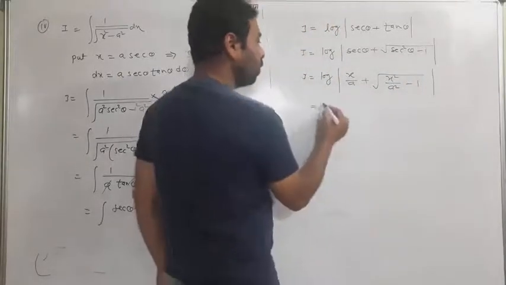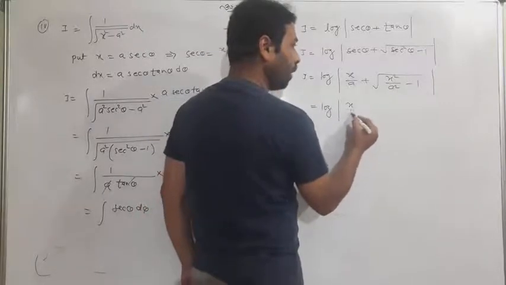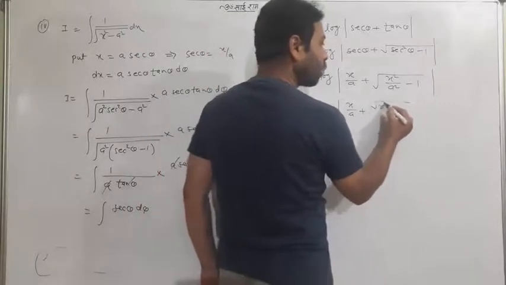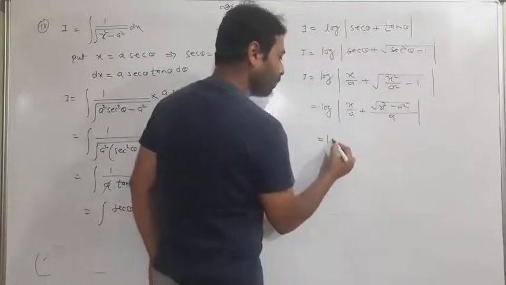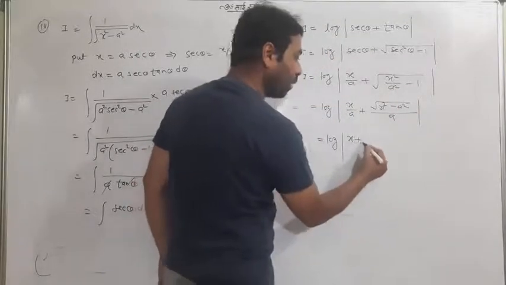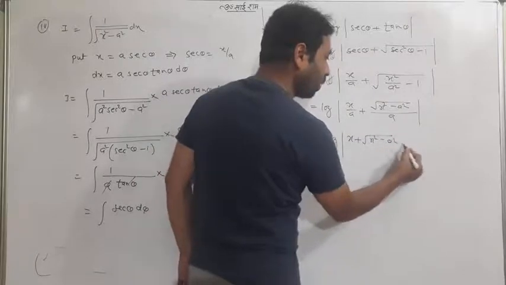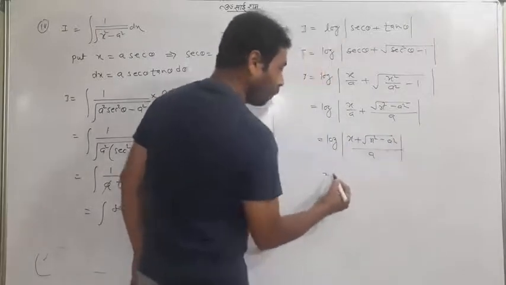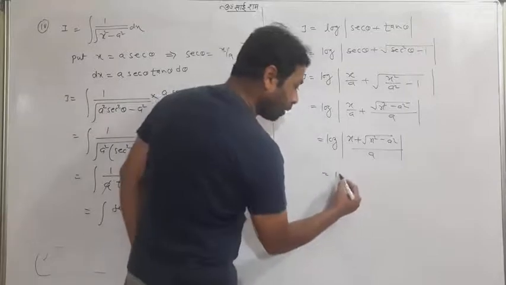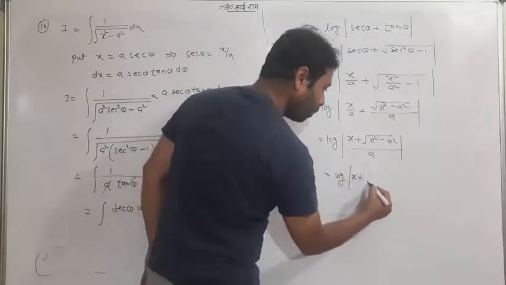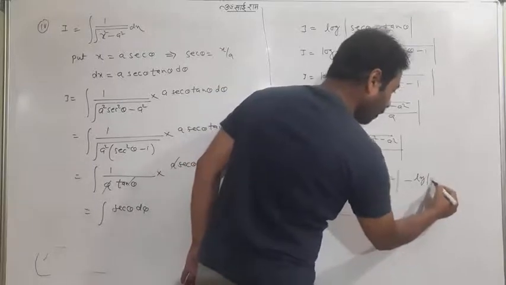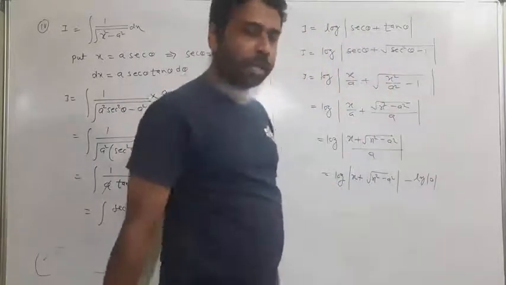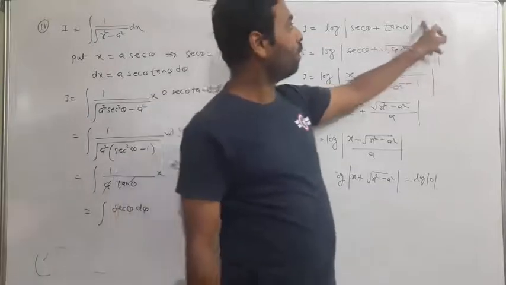And now log of x upon a, take an LCM, x square minus a square upon a square, will be a. Then again, take the LCM, log of x plus root of x square minus a square upon a, and I'm going to use log m by n, which is log m minus log n. Let me speak frankly that I haven't used c here.